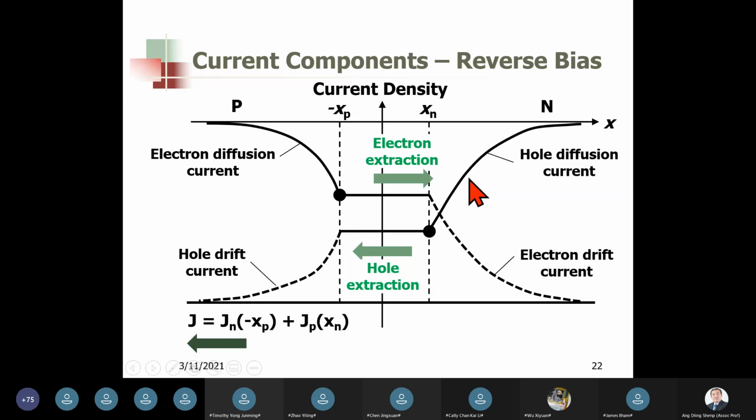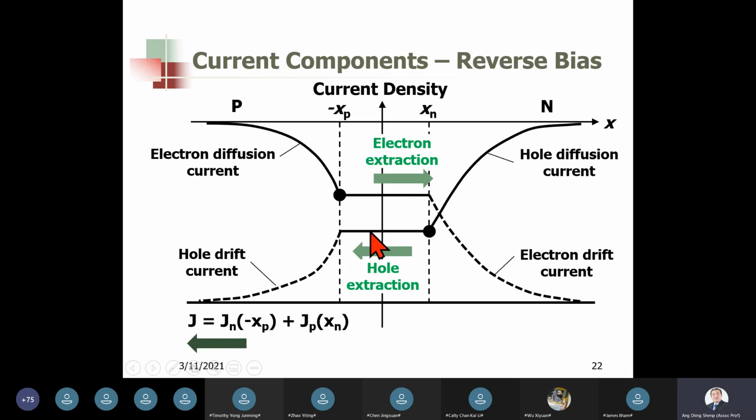When the electrons and holes are extracted across the space charge region, no further generation of electrons and holes occurs within the space charge region. And because of that, this electron extraction current is a constant, and this hole extraction current is a constant.